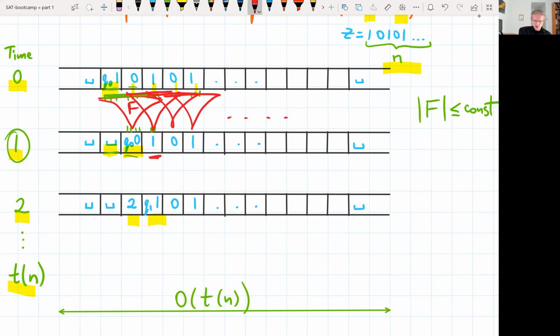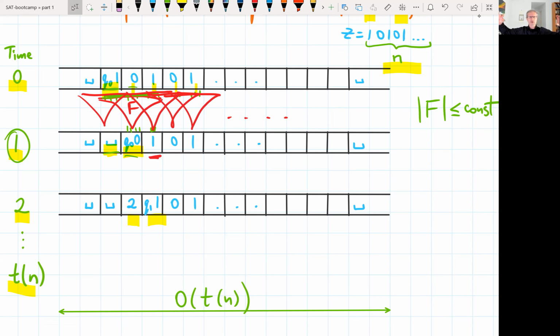Okay, and if I put all of the circuits together and apply them to the encodings of symbols at time step 0, then I will collect at the bottom of this sequence of circuits F the encodings of the generalized tape symbols at time step 1.